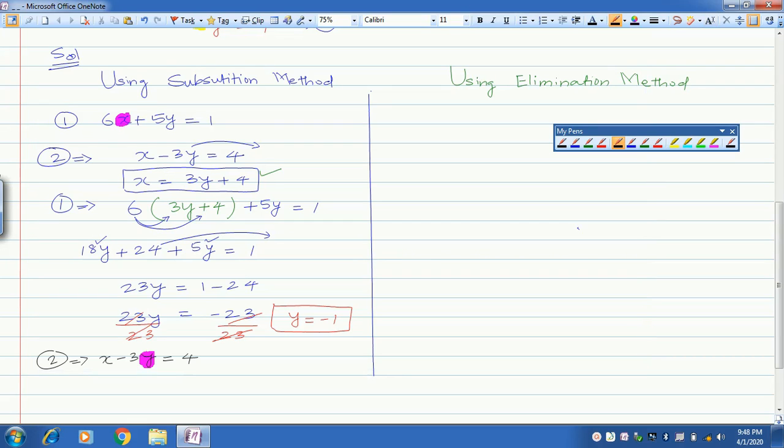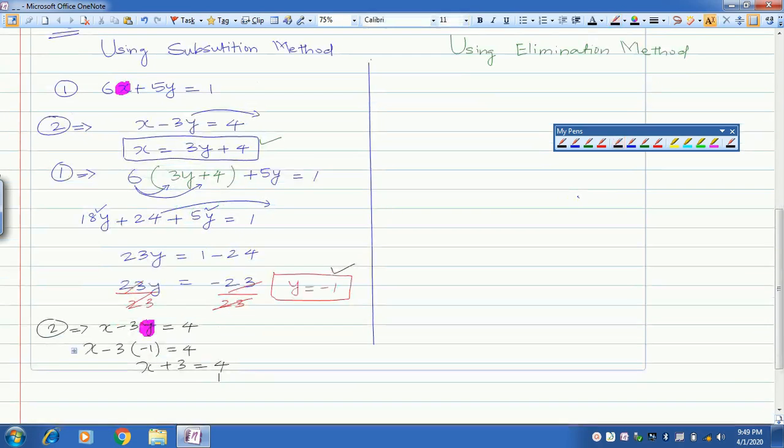So what happened? Here it is x minus 3 into minus 1 is equal to 4, since the value of y I have calculated is minus 1. So here x plus 3 is equal to 4. Bring that to the other side. What happened? Here x is equal to 4 minus 3, x is equal to 1.